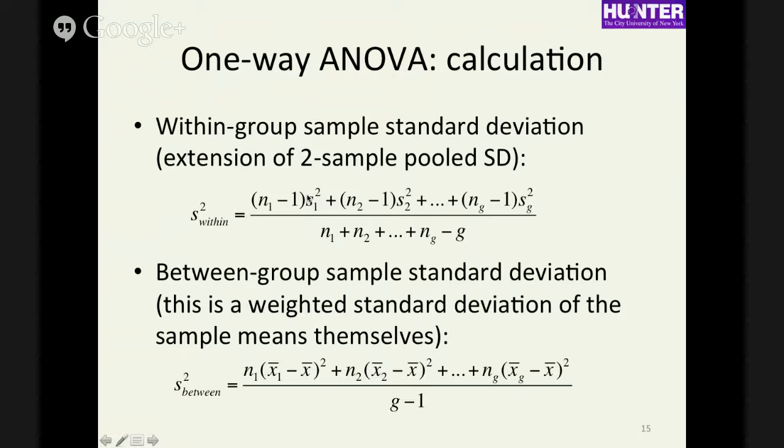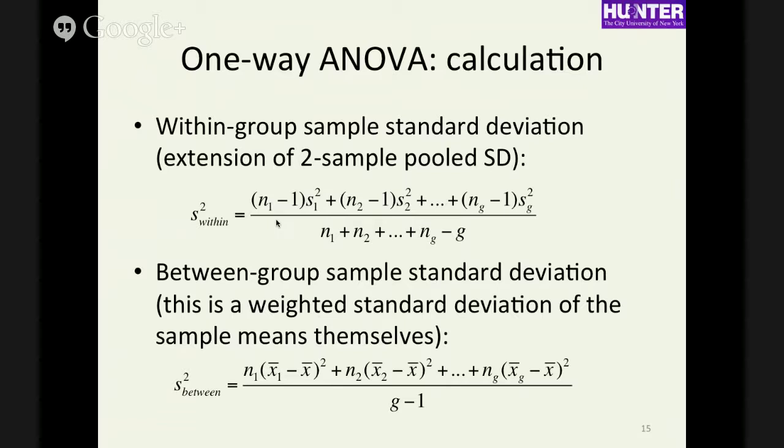So with those three methods, I showed you the standard deviation calculated for each method, and then they're weighted by the sample size of that group. So if you have a large group and some smaller groups, then that large group counts more towards your overall estimate of the within group standard deviation.